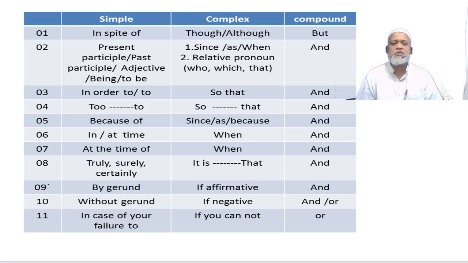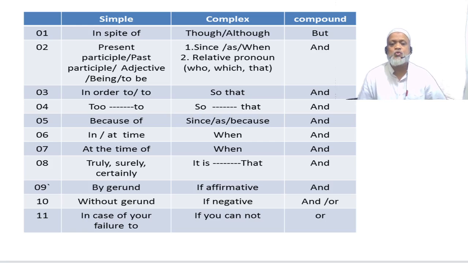And in third position, if you find "in order to" or "to" in a simple sentence, you can change it into complex by using "so that", and compound by using "and".